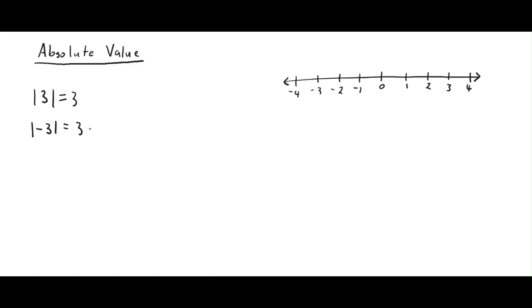Okay? And I said before that absolute value is really the distance of a number from 0. Look at how far away 3 is from 0, and of course negative 3 is the same distance from 0. So that's why plus 3 and minus 3 have the same absolute value. They're both the same distance from 0. In distance, you never give a negative number. You wouldn't say something is minus 3 meters long.